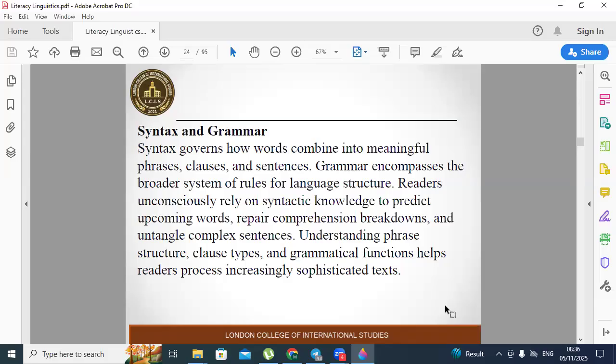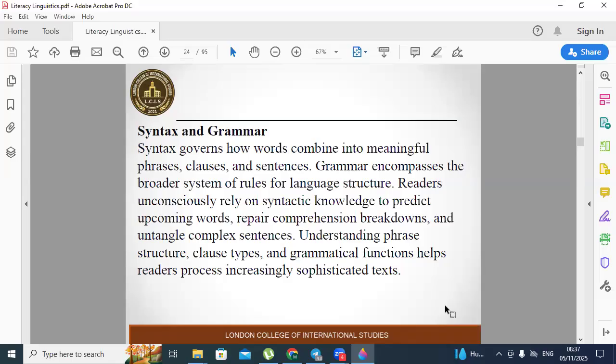Understanding it requires parsing the syntactic structure, identifying which clauses modify which nouns. Skilled readers do this automatically, but struggling readers often get lost in complex syntax. They may understand each individual word but fail to comprehend the sentence because they cannot follow the syntactic structure.